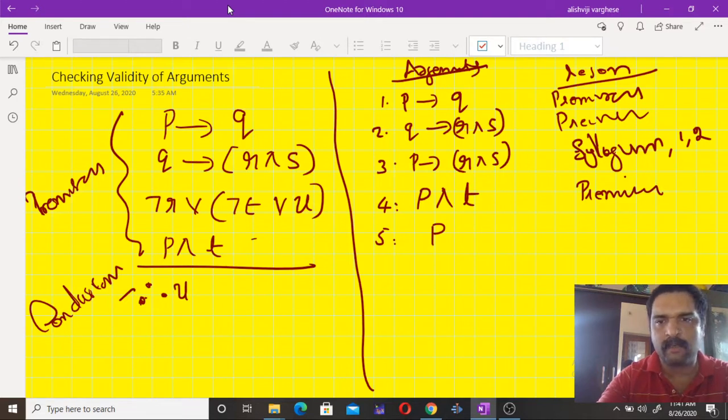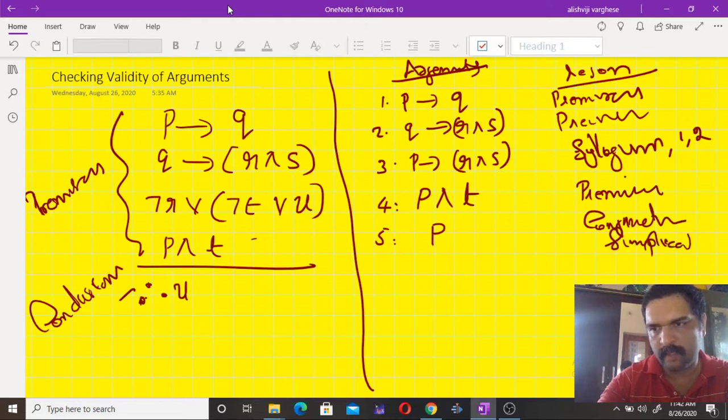So we can conclude that P is true, and also that T is true. For the time being we just concentrate on P, and the rule we used here is conjunctive simplification. That's the reason.